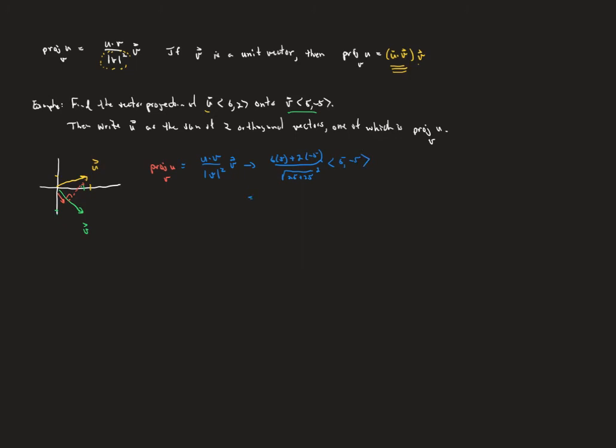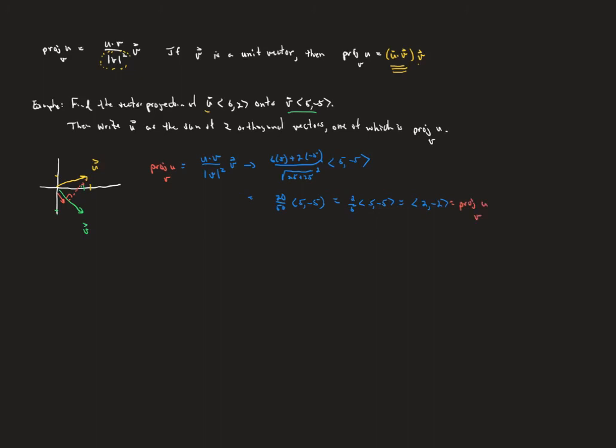So we got 30 minus 10 is 20. 25 plus 25 is 50. The square root of that squared is just 50. So that's times our vector 5, negative 5. In this carefully constructed problem, that's 2/5 times 5, negative 5. And dividing by the 5 makes that 2, negative 2. That is our projection of u onto v.